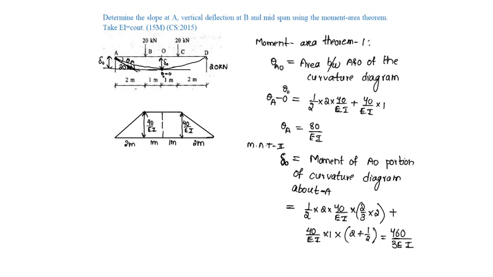Now to find the deflection at B, this is the load and this is the load, 20 kilonewtons and 20 kilonewtons. The reaction at A and D is 20, here it is 20. We know the deflected shape.